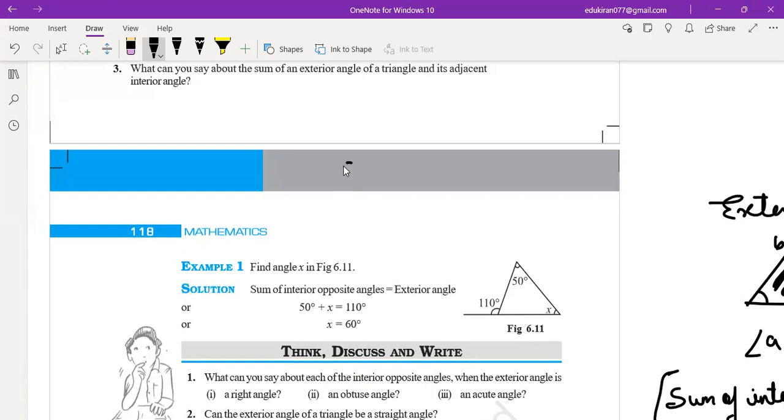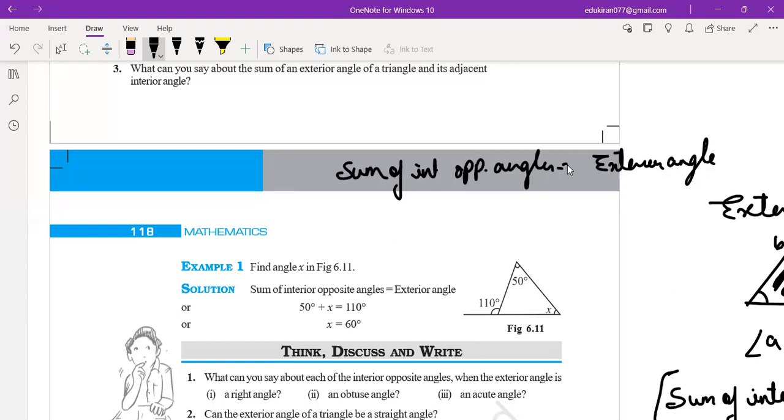According to the question, the sum of interior opposite angles equals the exterior angle, right? This is the formula.